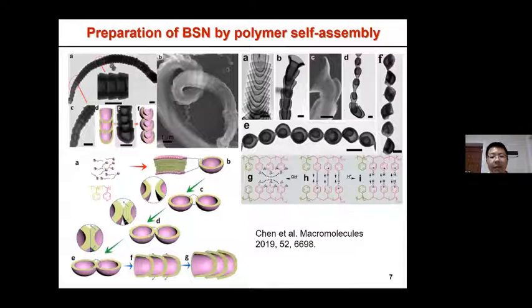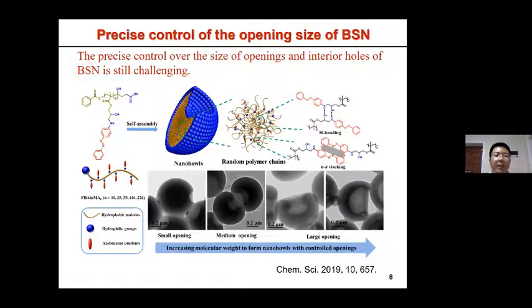Recently, Chen and co-workers prepared stacked bowl-shaped nanoparticles by taking advantage of the hydrogen bonding of polystyrene and polypyridine. But there is still a challenge in this field. The precise control over the size of openings and interior holes of bowl-shaped nanoparticles is still hard to achieve.